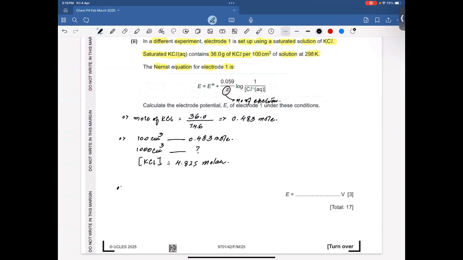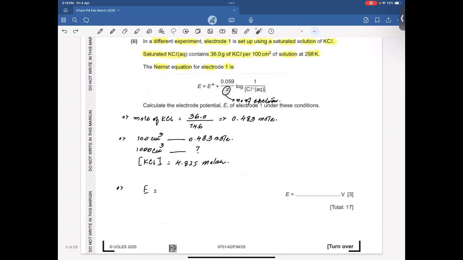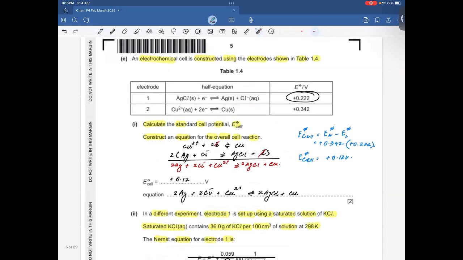So let me plug these values into the Nernst equation. The Nernst equation is already given in the question. E naught is given in the first equation, which is plus 0.222 volt. So plus 0.222 plus 0.059 divided by 1. Z is basically the number of electrons, and in this half cell, the number of electrons would be 1.